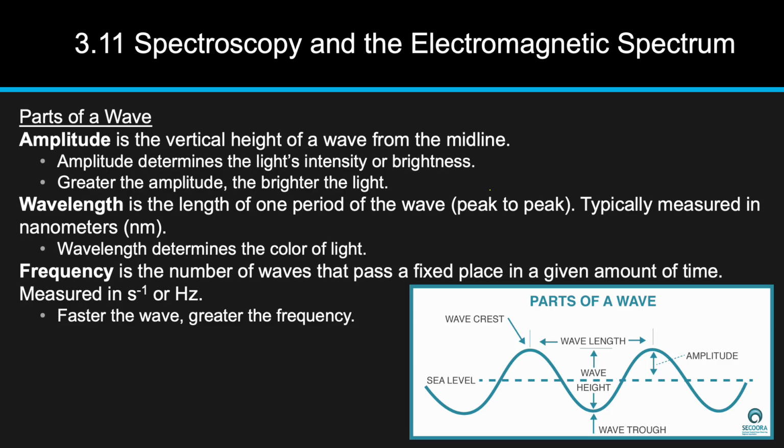For visible light, wavelength determines the color. For example, shorter wavelengths look violet or blue, while longer wavelengths look red. And then frequency is how many waves pass a fixed point in a given time, and those are usually measured in hertz. Higher frequency means that the waves are moving faster and carrying more energy.